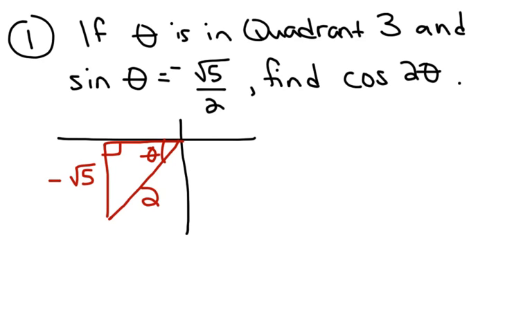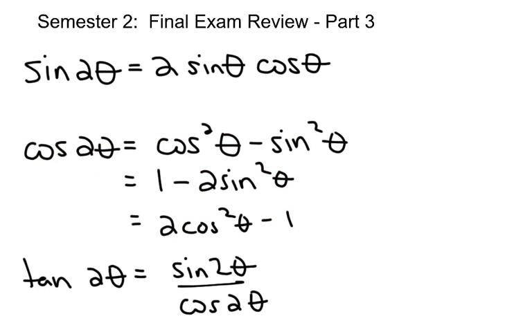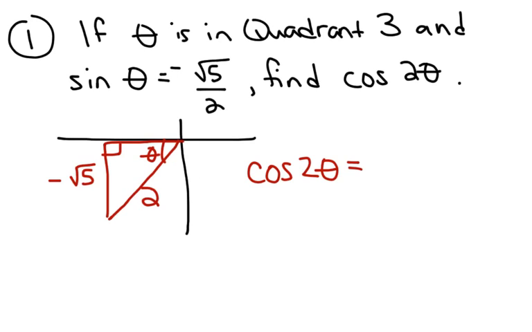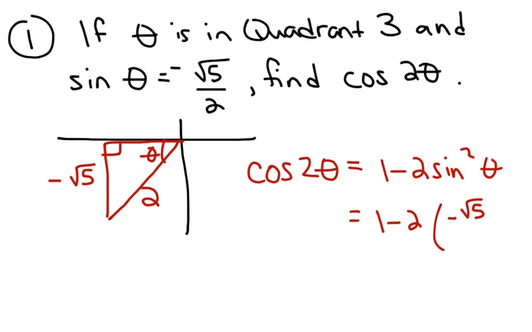To find the cosine of 2 theta, instead of having to solve for the side adjacent, one of our formulas was 1 minus 2 sine squared theta. So instead of solving for the adjacent, I just used that. First I'm going to square negative square root of 5 over 2.